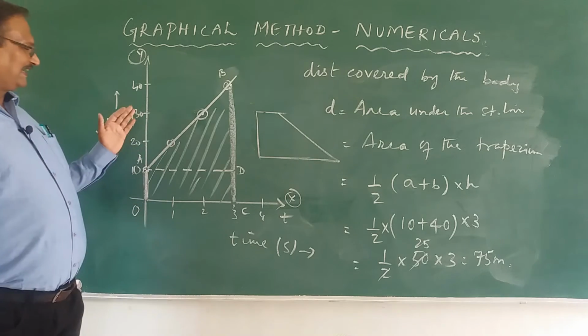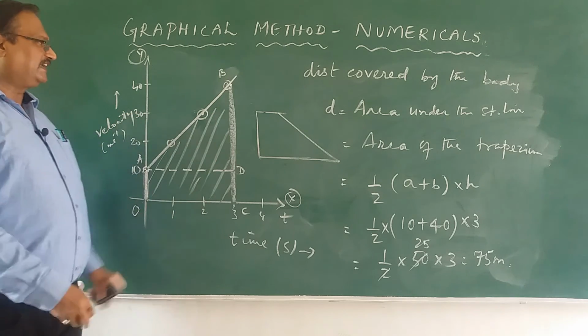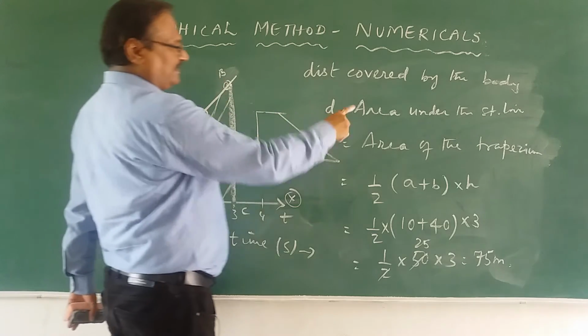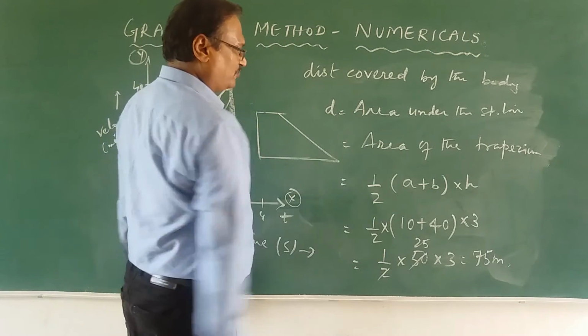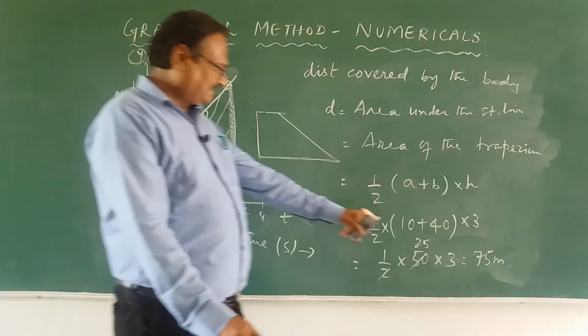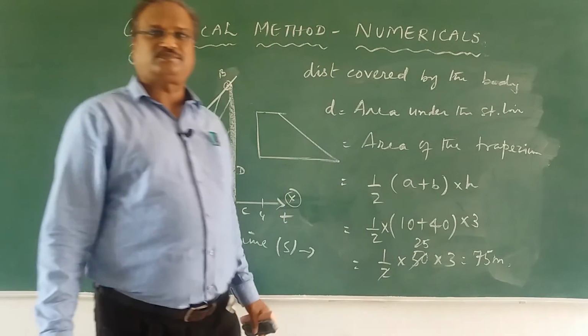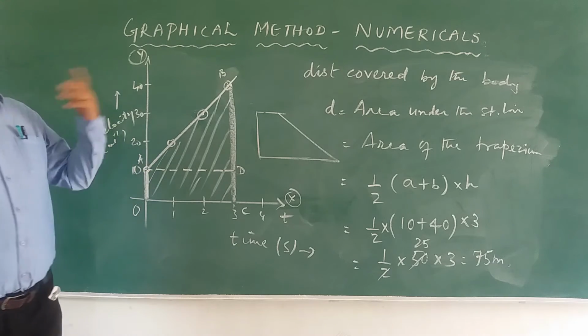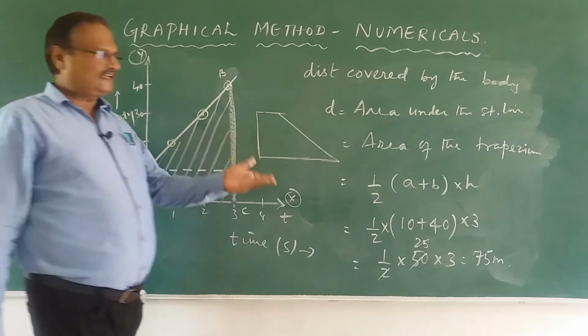From this graph, we find the area of the whole thing under this, that is the trapezium, half into a plus b into h. I have done a plus b and found h. Now I want to calculate the same thing in another way.